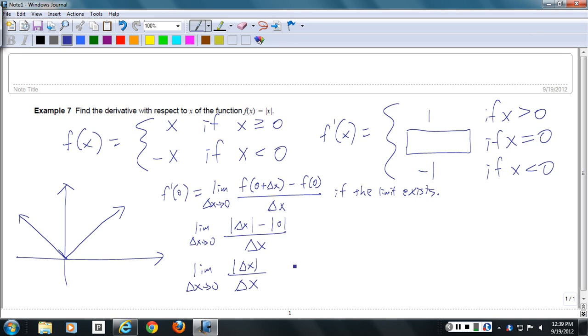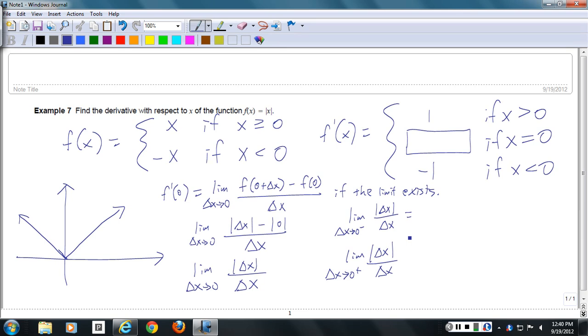So to figure this out, we consider the limit of the absolute value of delta x over delta x as delta x approaches 0 from the left, and the limit as delta x approaches 0 from the right. If they both exist and are equal, we'll declare the two-sided limit to be equal to their common value. If they both exist but are not equal, then the two-sided limit will fail to exist.